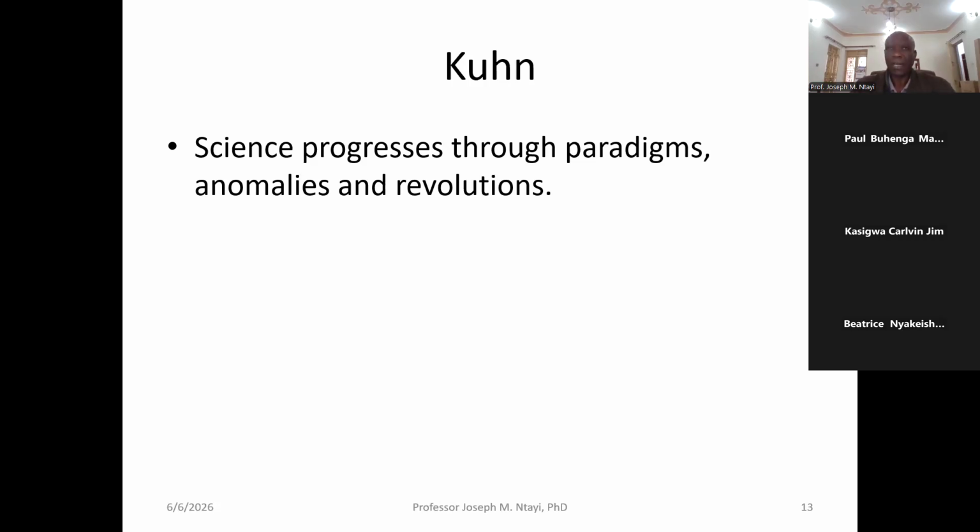So Kuhn, as we see, that is Thomas Kuhn, if you remember very well, who is and what he has done over the years. He actually argued that most scientific research occurs during periods of normal science. And during normal science, everything is taken for granted, by the way. Now, if you ask the classical economist, everything within classical economics is actually taken for granted. And researchers in this area do not usually question the paradigm itself.